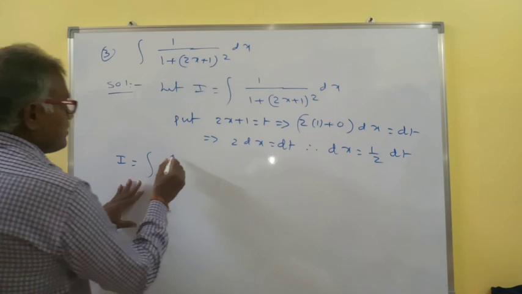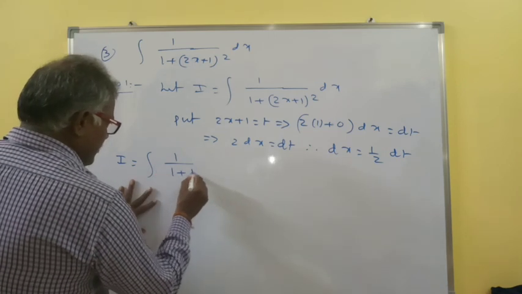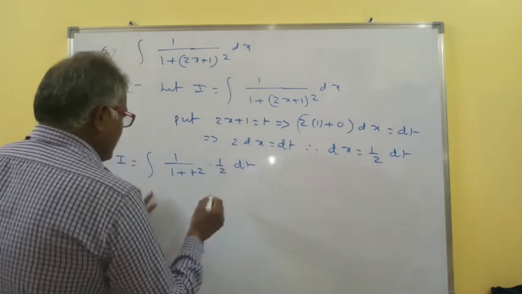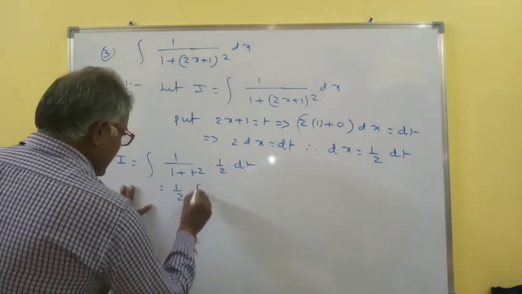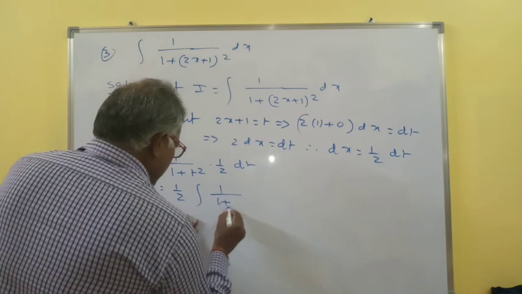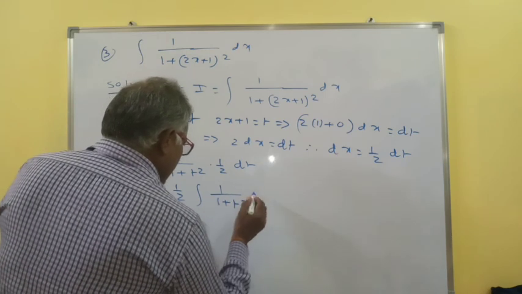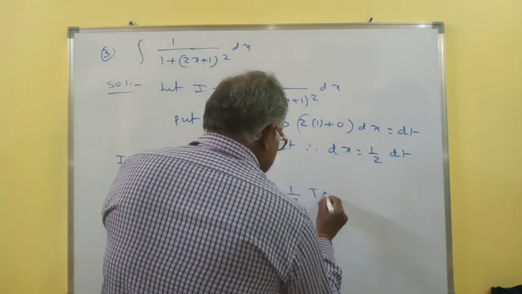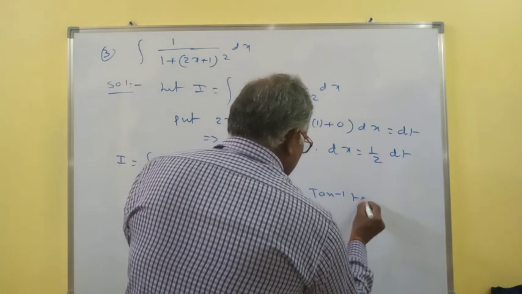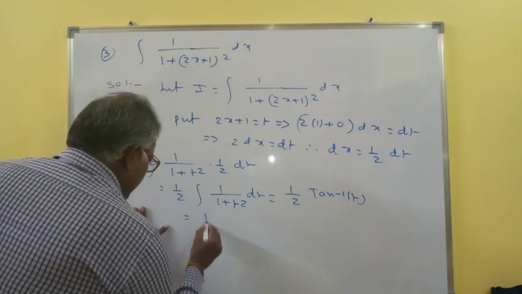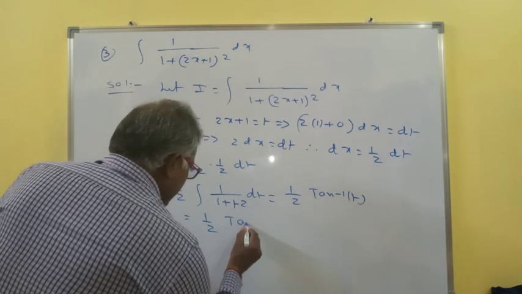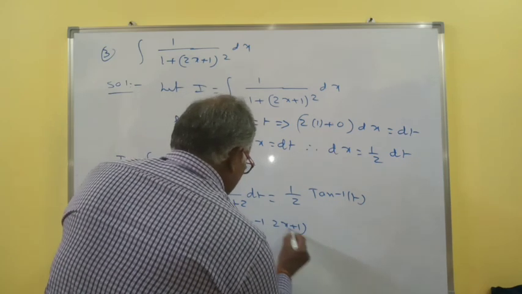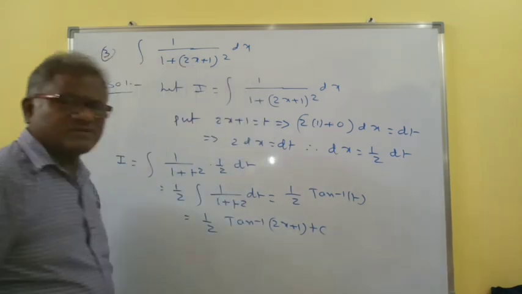So I is equal to 1 by 1 plus t square into 1 by 2 dt, which is 1 by 2 into the integral of 1 by 1 plus t square dt. The integral of 1 by 1 plus t square is tan inverse t. So the final answer is 1 by 2 tan inverse of 2x plus 1.